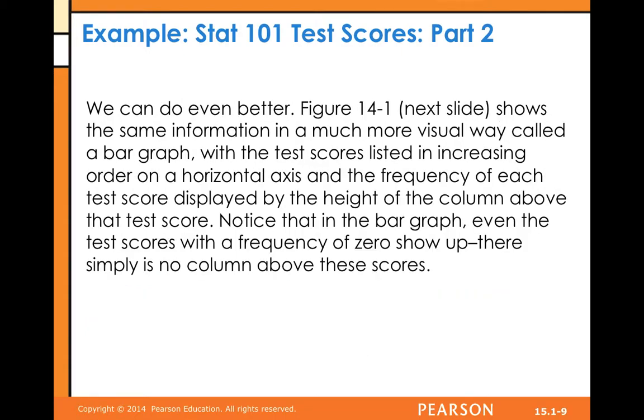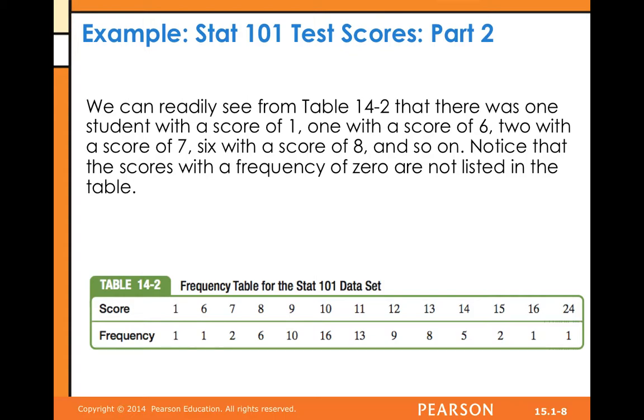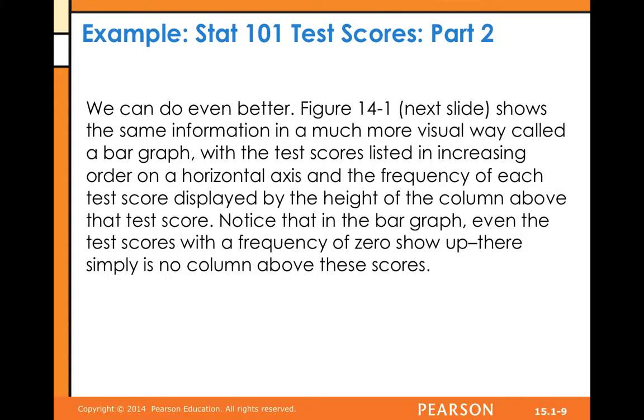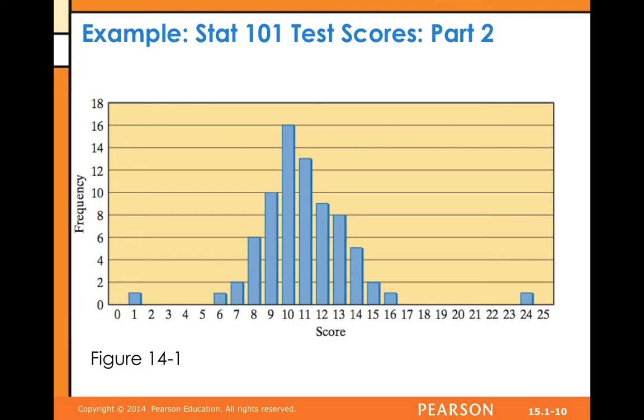Okay, so a frequency table summarizes the data for you in a better way than just the raw numbers do. But really the way that people usually summarize these data is they take a frequency table and turn it into a bar graph. In this bar graph, the scores are across the bottom and the frequencies are the values on the vertical axis.